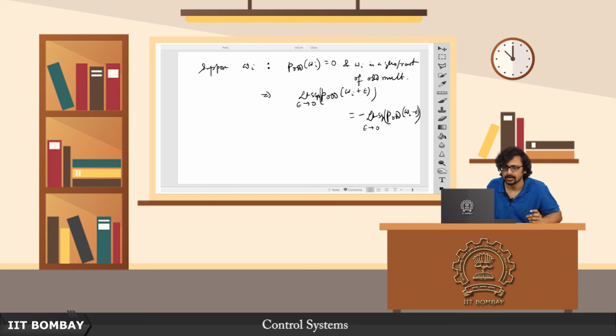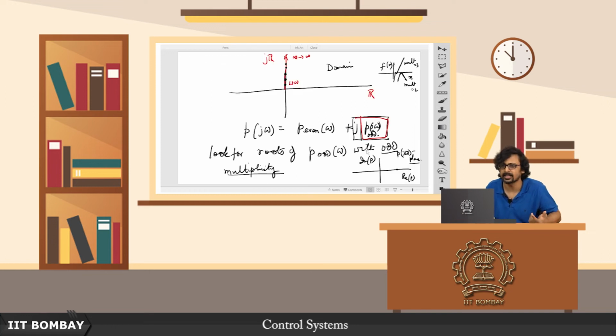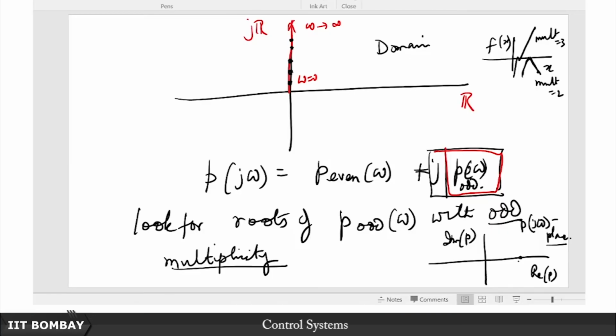Why? It's just a mathematical way of expressing the fact that I have already said. If it's an odd multiplicity, then the sign changes, right. So basically the sign of this imaginary part or this odd part will change after encountering a root of odd multiplicity, okay. So that's what this basically means, alright.